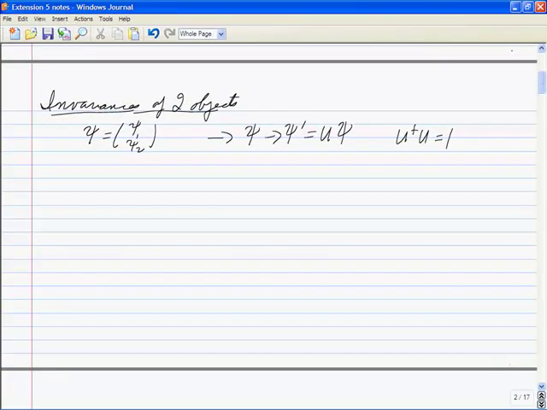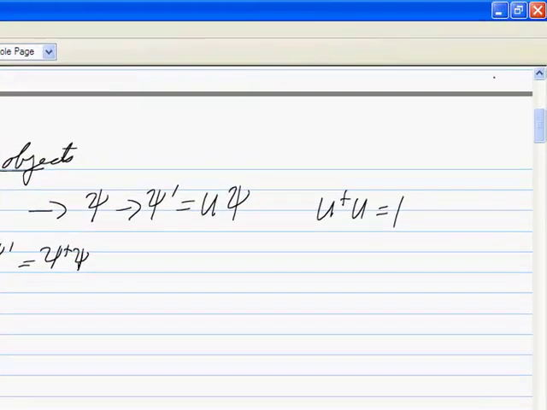In this case, it will leave the Lagrangian unchanged. These are meant as fermions, so we always end up taking matrix elements of psi dagger psi. That goes to psi prime dagger psi prime, which is psi dagger psi. So basically the point is that if the rest of the Lagrangian cooperates, then a unitary transformation can leave the Lagrangian invariant.